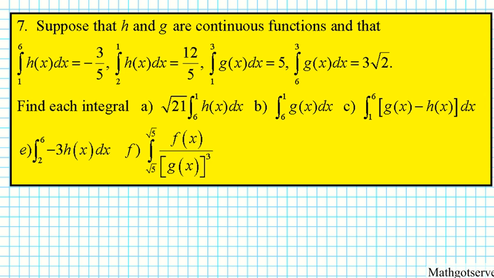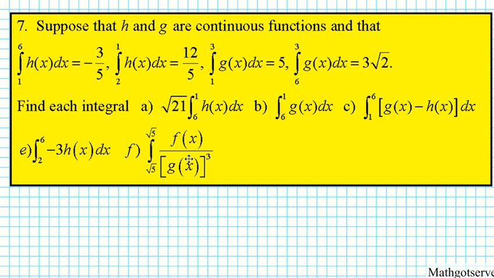All right. So let's take a look at the following example. It says, suppose that h and g are continuous functions, and that the antiderivative from 1 to 6 of h of x is negative 3 over 5. Antiderivative from 2 to 1 of h of x is 12 over 5, and then antiderivative from 1 to 3 of g of x is 5, and then the antiderivative of g of x from 6 to 3 is 3 root 2.